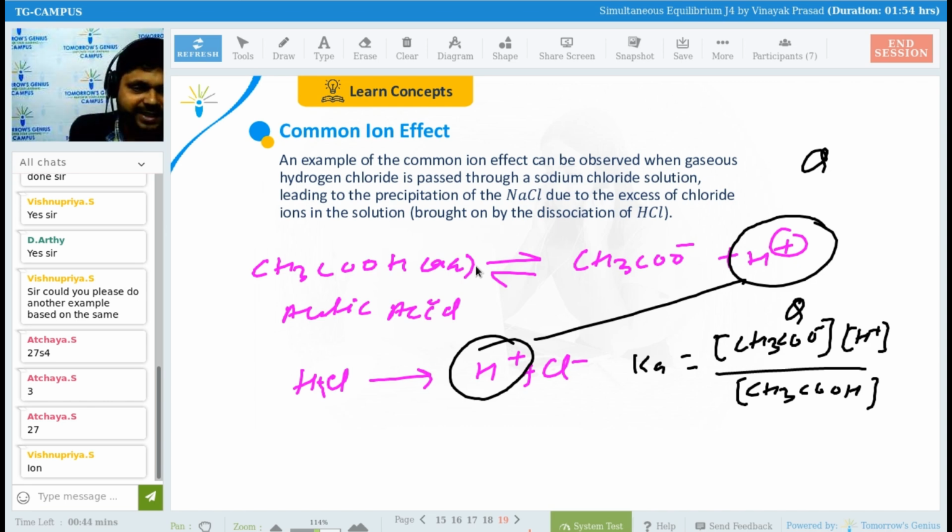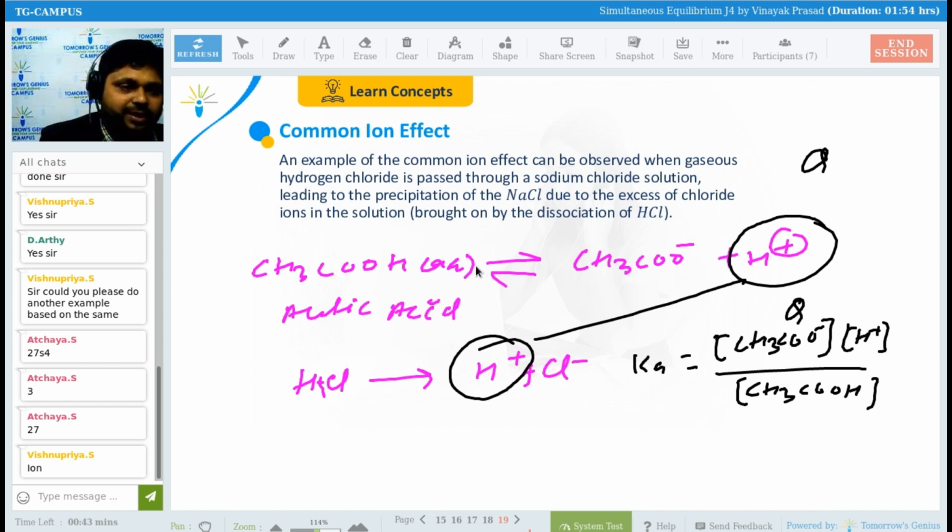We have seen in the Le Chatelier principle, if the product side concentration is increasing, the equilibrium constant will not be changing, right? So the reaction will shift towards the backside.